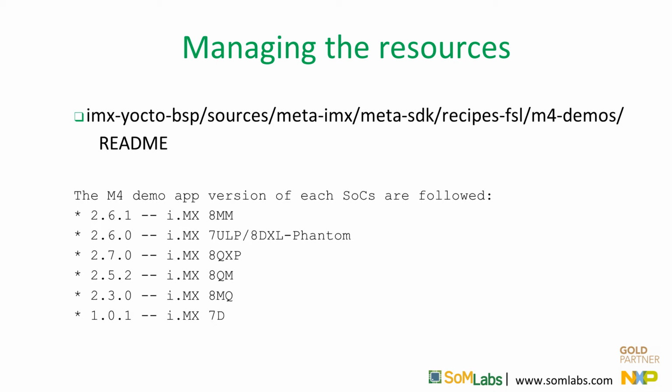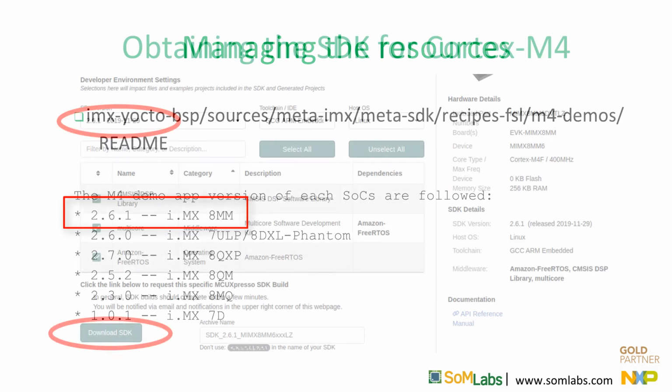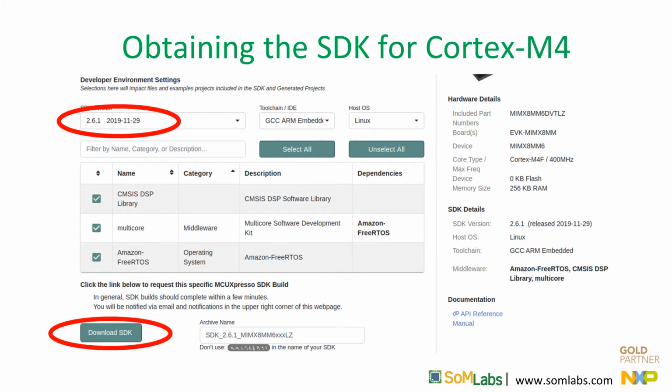From it, we learn that in the case of our Yocto, SDK version 2.6.1 is suitable and it should be downloaded from the NXP site. So we enter the version number, select all the components we want in the SDK and click Download SDK to download the archive with the necessary libraries.